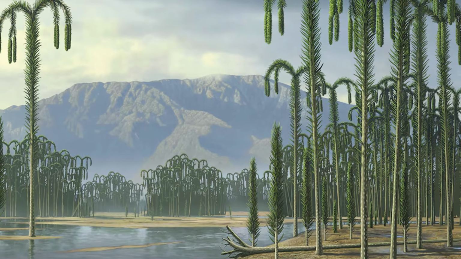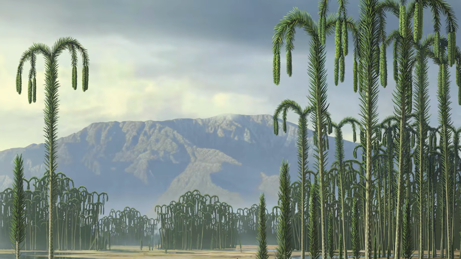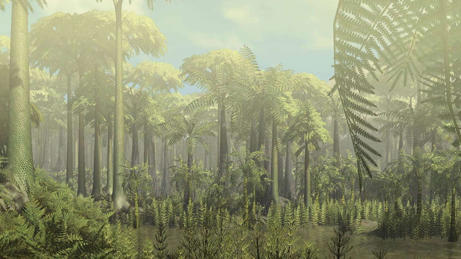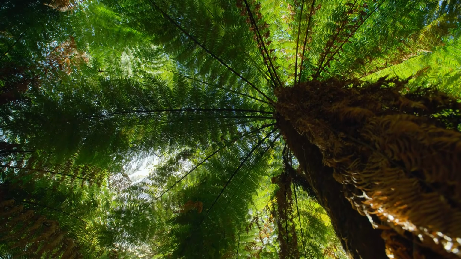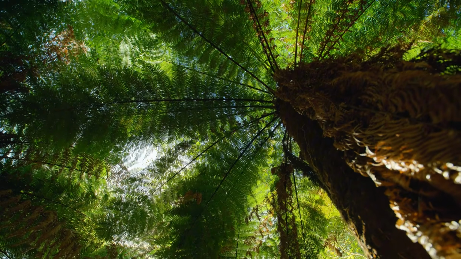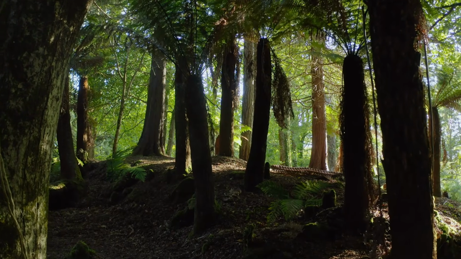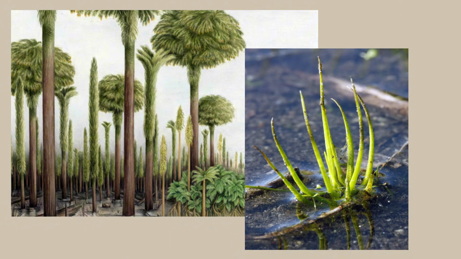The first massive forests on Earth would look completely alien to us today. Around 350 million years ago, during the Carboniferous period, the world was dominated by towering giants that were not true trees as we understand them now. Instead, the sky was occupied by ancient lycophytes, relatives of modern, tiny quillworts.